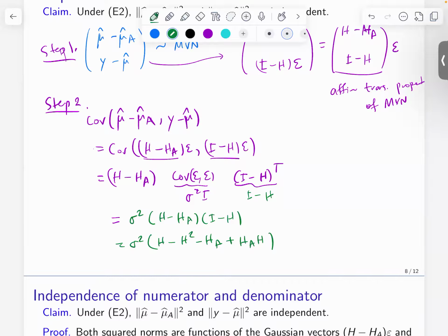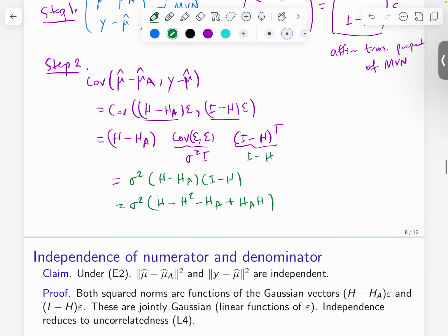Does this simplify? Yes. H squared is H, so the first two add up to zero because of idempotence of H. And the second piece is HAH minus HA, which is also zero.